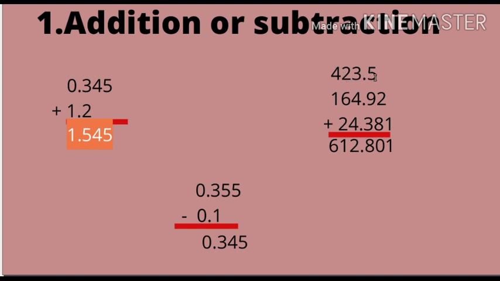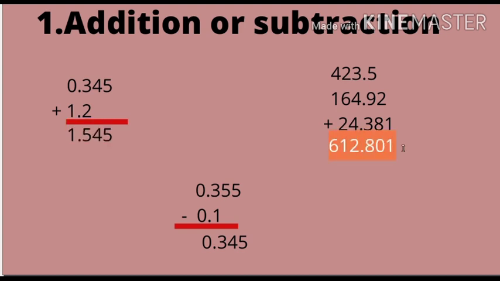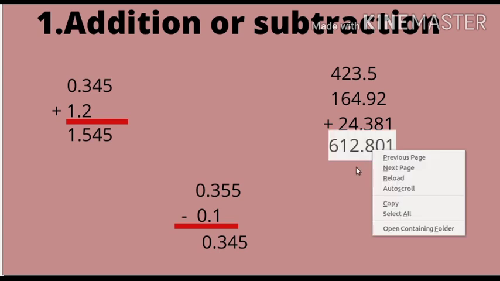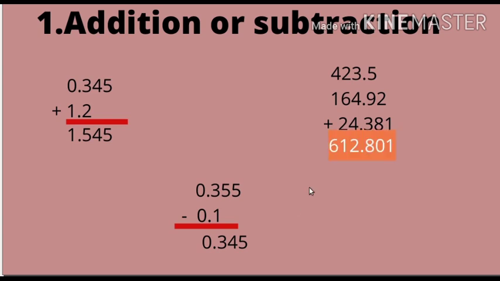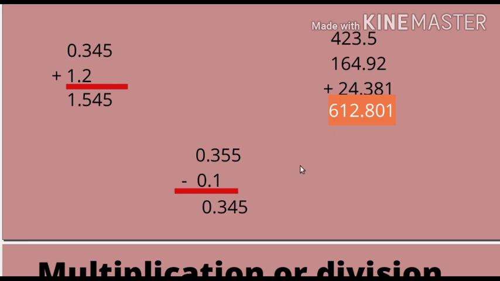This is 4 significant figures, but look here, 612.801 has 6 significant figures. So let me round it off and make it up to 4 significant figures. Okay, I think now you can do it, this one and this one also you can do. So I will write the answers quickly.